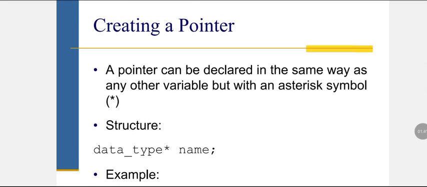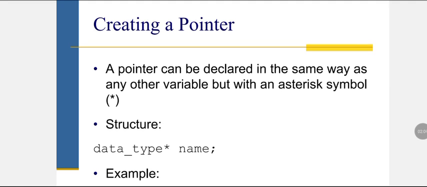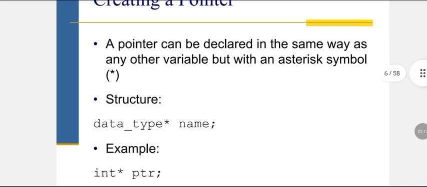A pointer can be declared in the same way as any other variable, but with an asterisk symbol. C++ has some unique features, and we will go into that.